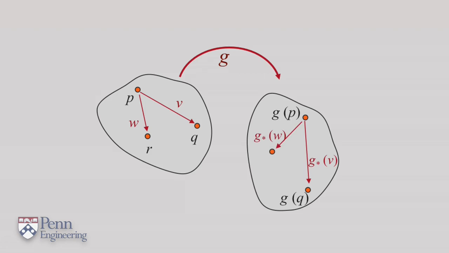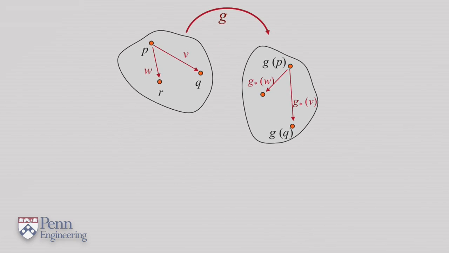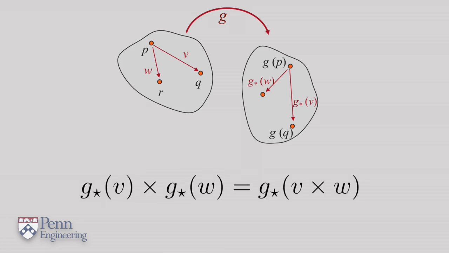Well, G star acts on W to generate a new vector, G star of W. Now we can look at the cross product of V and W and ask what happens to that cross product. Well, it goes to V cross W.